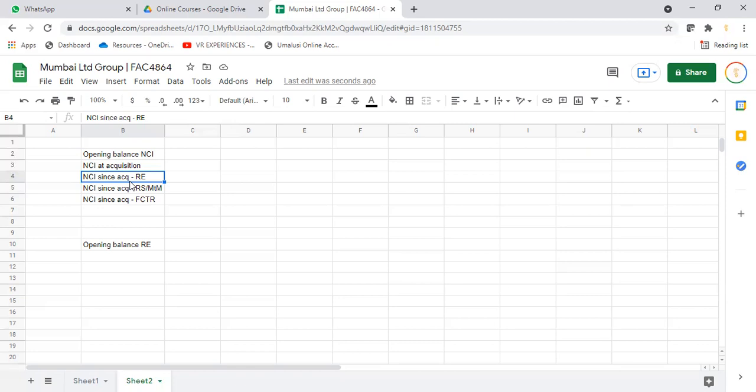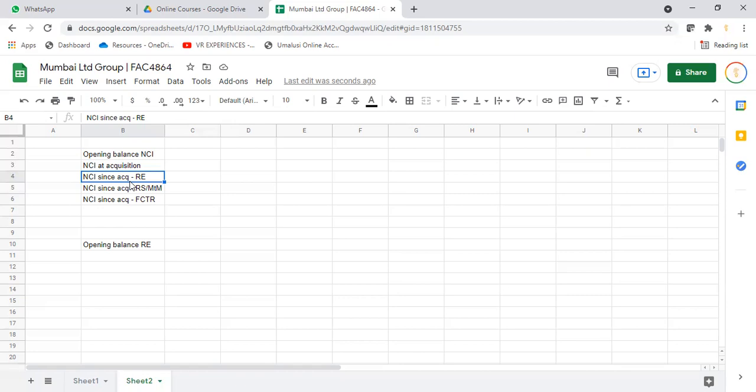So I start off with a number from the separate trial balance. But that separate trial balance number is not what the group wants. The group wants a number after taking into account group adjustments. So now I do my group adjustments.